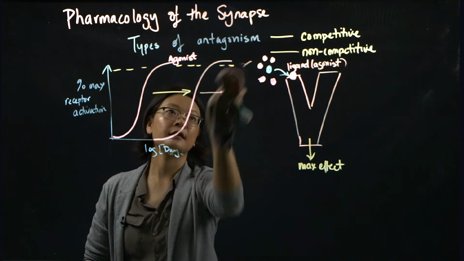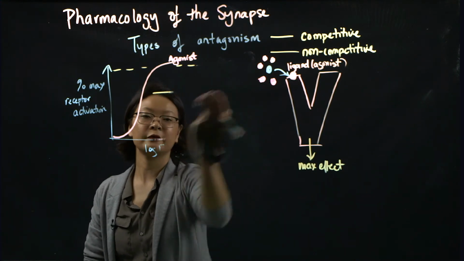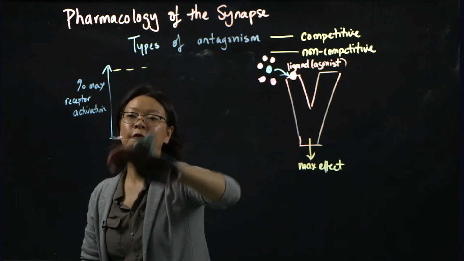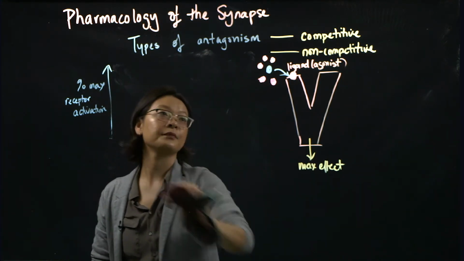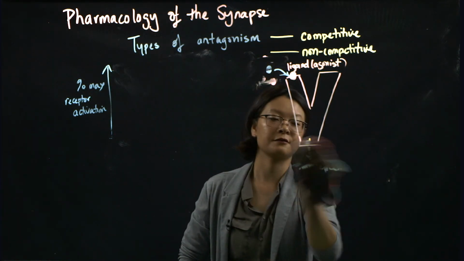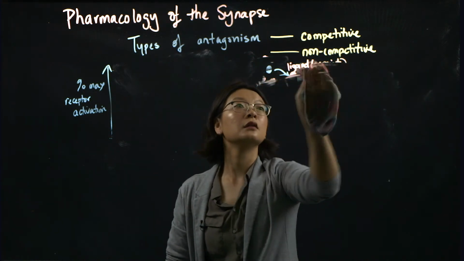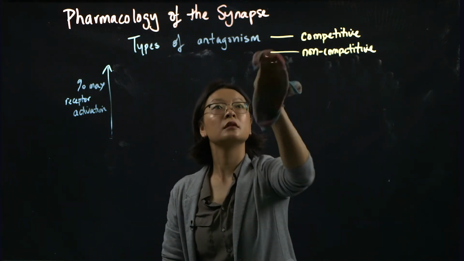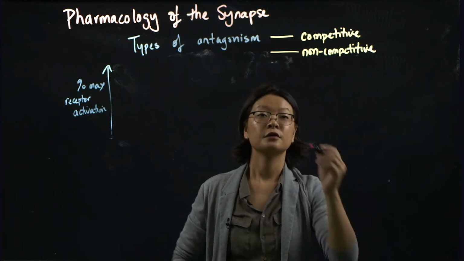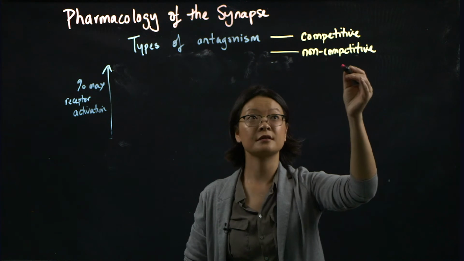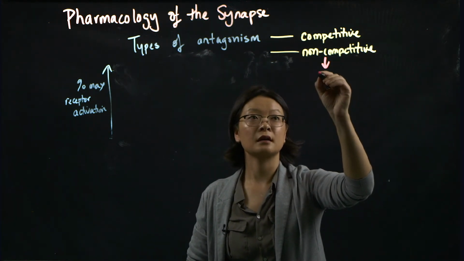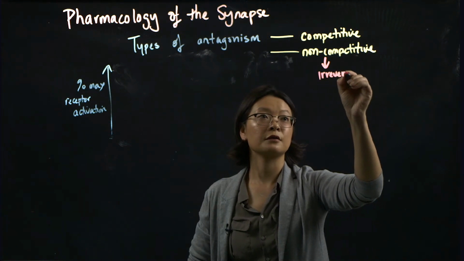What is a non-competitive antagonist? Well, simply put, it's an antagonist that doesn't compete for the agonist binding spot. So for a non-competitive antagonist, there are several kinds. The first one we're going to talk about is irreversible.